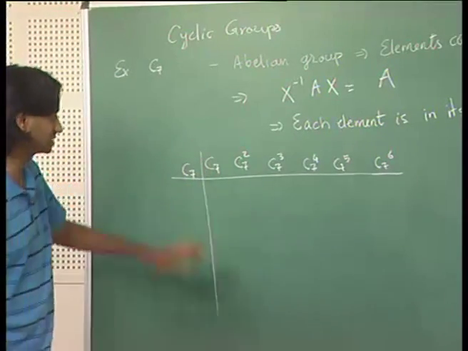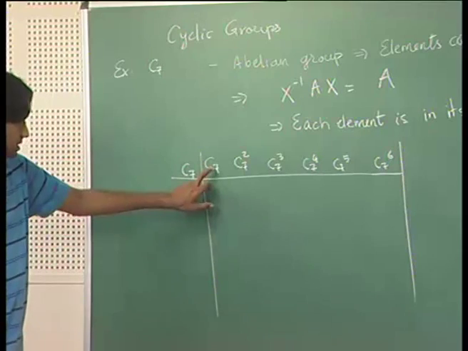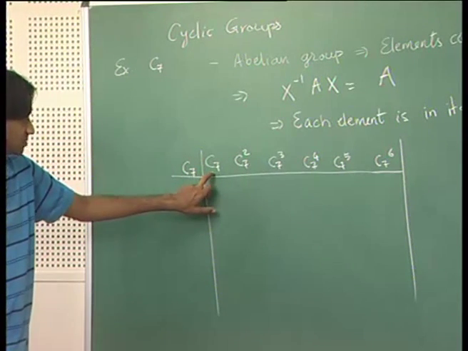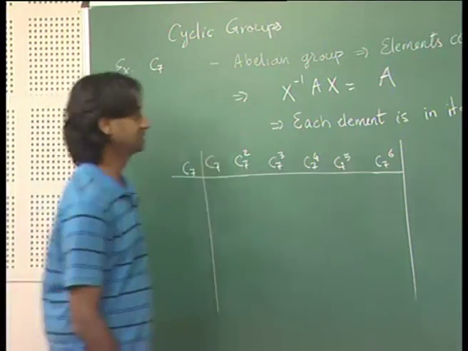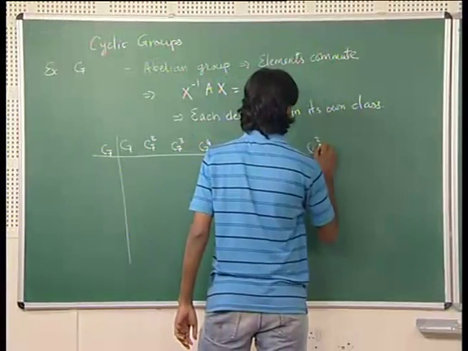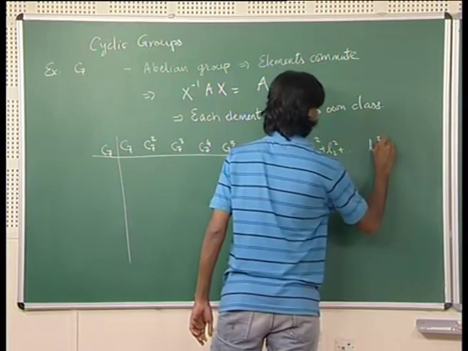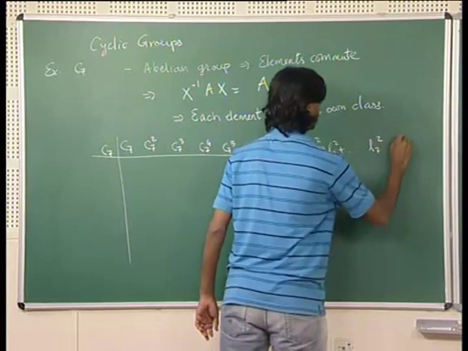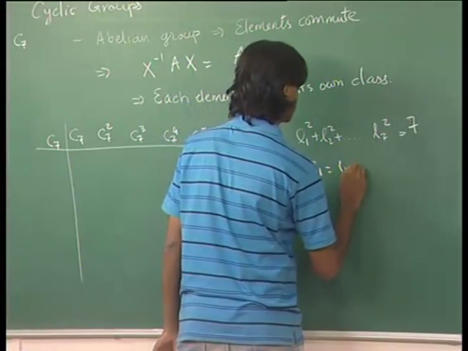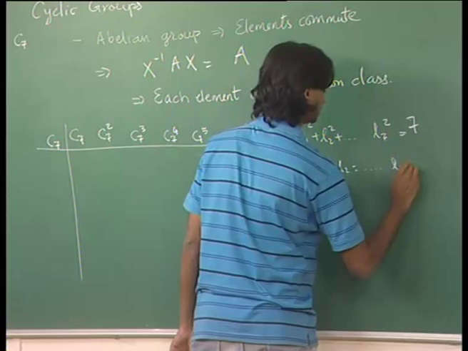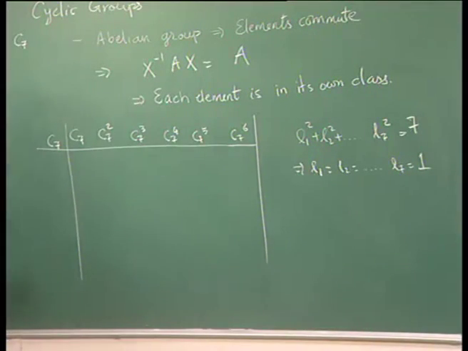Since there are 7 classes, there should be 7 irreducible representations. The sum of their squares, l1 square plus l2 square up to l7 square, is equal to 7, the order of the group. So this implies l1 equals l2 equals l7 equals 1. So there are 7 one-dimensional representations.